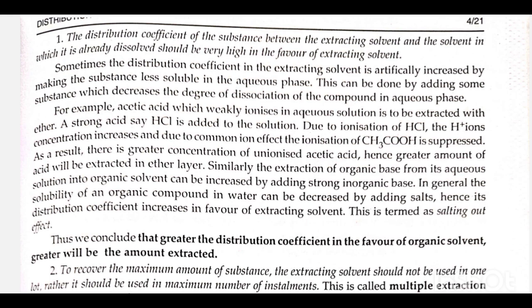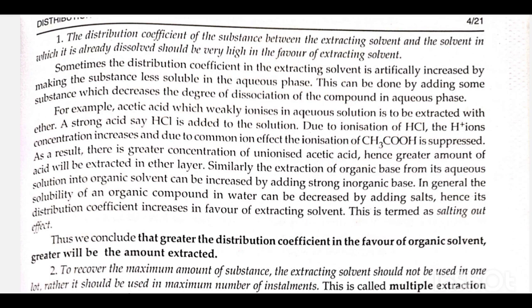For example, acetic acid, which weakly ionizes in aqueous solution, is to be extracted with ether. A strong acid, say HCl, is added to the solution. Due to ionization of HCl, the H⁺ ion concentration increases, and due to the common ion effect, the ionization of CH3COOH is suppressed.